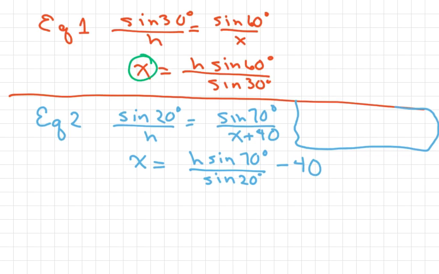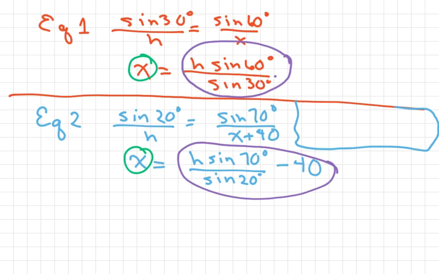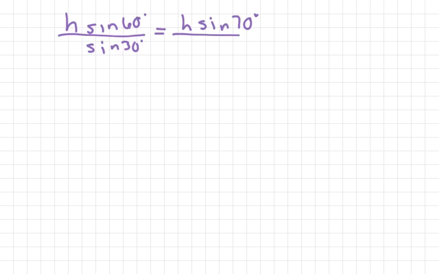The x's are the same here, so I'm going to set them equal to each other, this to equal this. And then group my h's together. So here we go, we're going to get h sine of 60 degrees over sine of 30 degrees equals h sine of 70 over sine of 20, and then I'm going to subtract that 40 there.